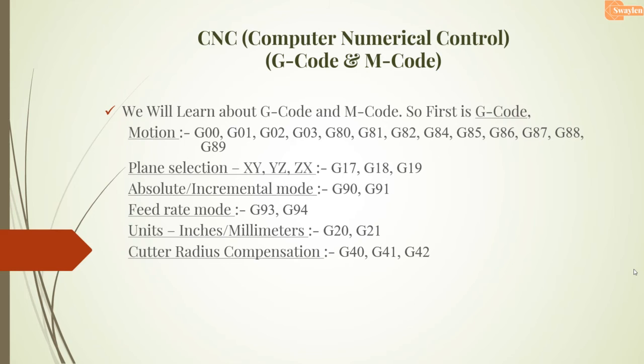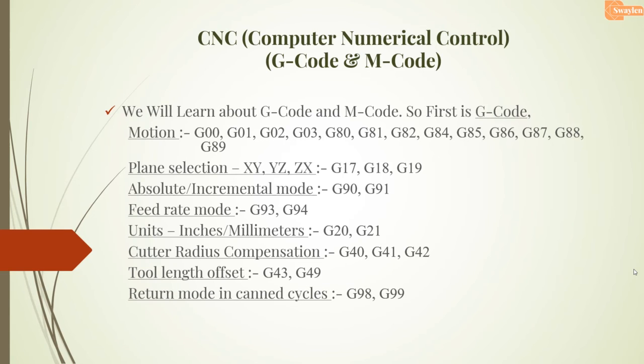Cutter radius compensation: G40, G41 and G42. Next is tool length offset, G43 and G49. Return mode in canned cycle, G98 and G99.